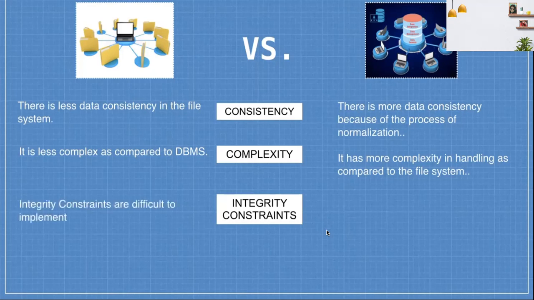All right, so integrity constraints. Integrity constraints are difficult to implement in file data management. Kasi nga, going back to our example, say the file of the registrar can be accessed by the team. So lahat yung nandun sa registrar can access your file. So meaning different people access your file.